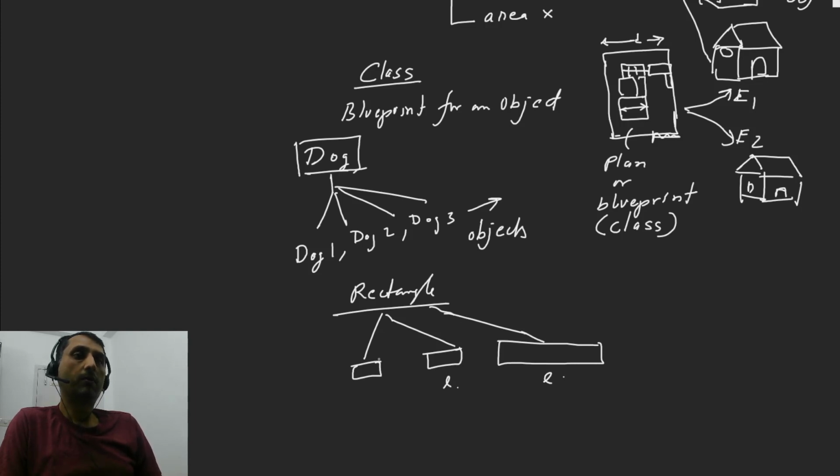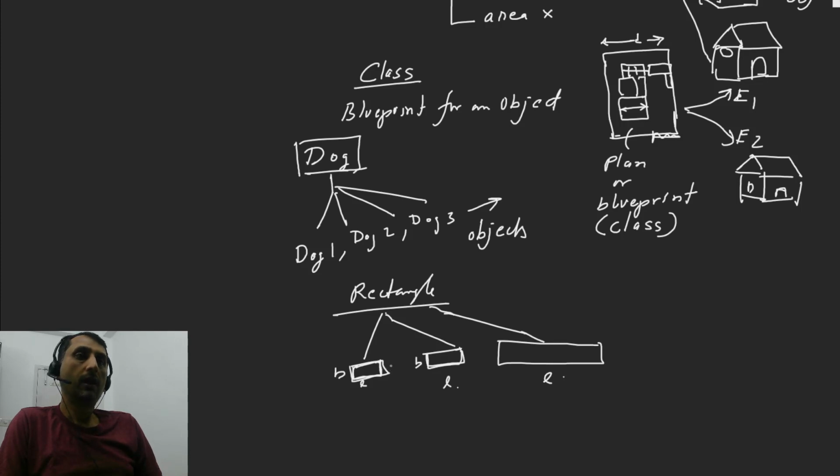So each of these objects will have a uniqueness about them. Otherwise, if the length and breadth are both the same in these two rectangles, it will be nearly impossible for a computer to recognize which object is which and which object to consider.